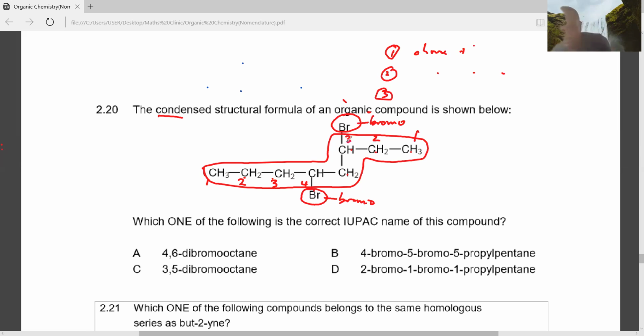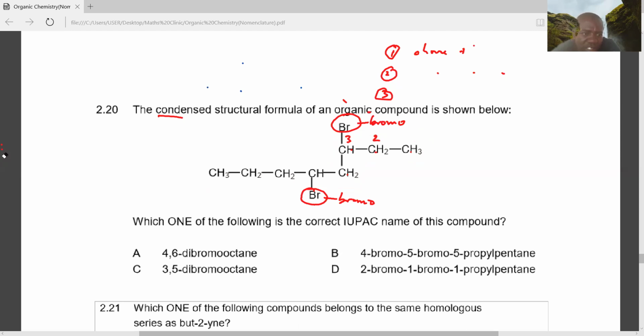So obviously, we need to number the carbon atoms starting from the nearest branch here. So we cannot consider the one at position 4. We need to consider the one at position number 3, because that is where we can get the branch nearest.